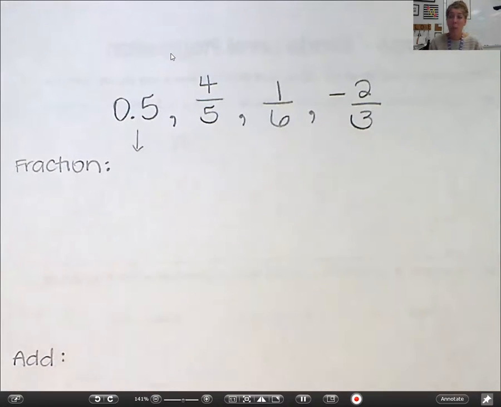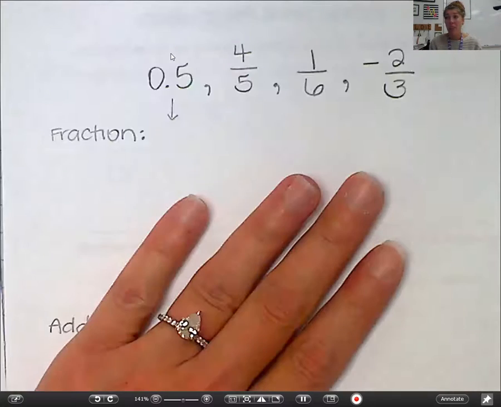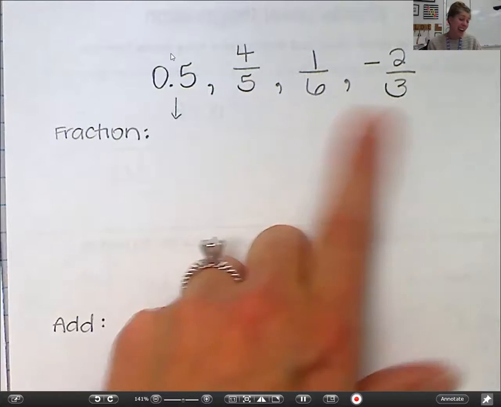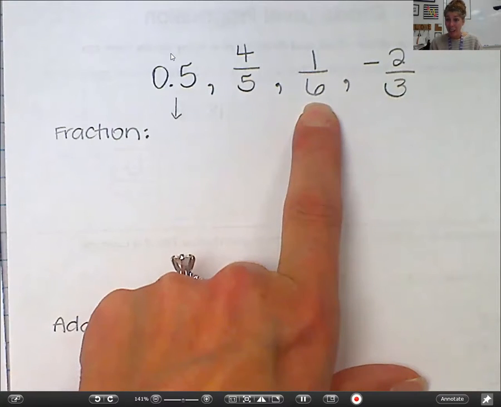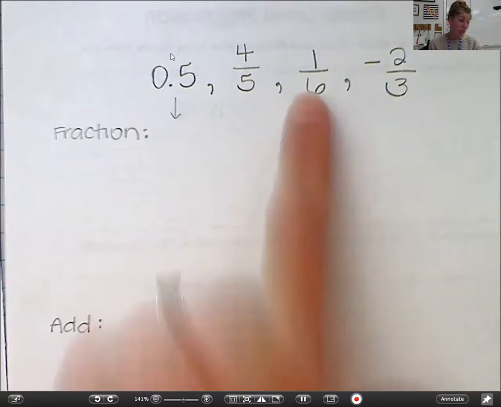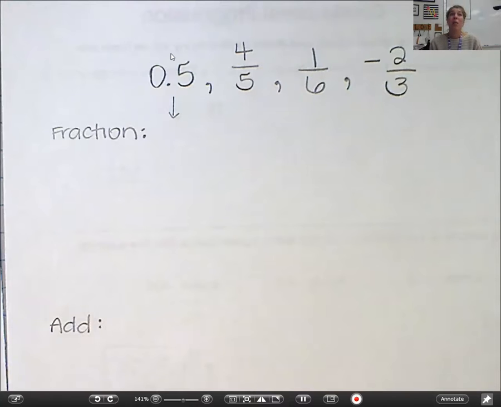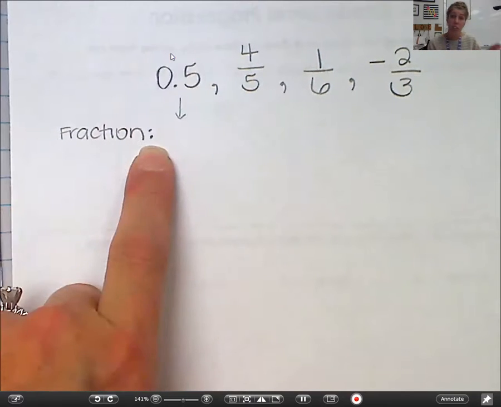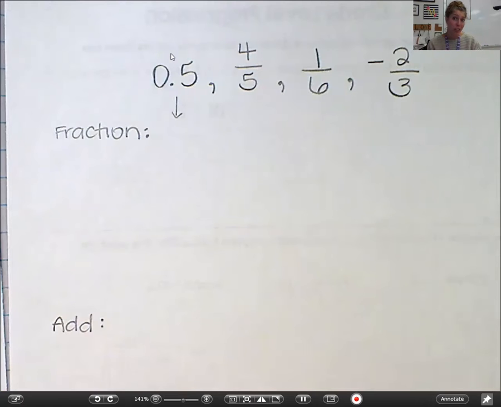Now for this one, I purposely chose a problem where we have some repeating decimals. Both 2/3 and 1/6 are repeating decimals. Therefore, we cannot add them together as easily as before. So I'm going to encourage you, when you're working this out, try and turn that half to a fraction and keep them as fractions.